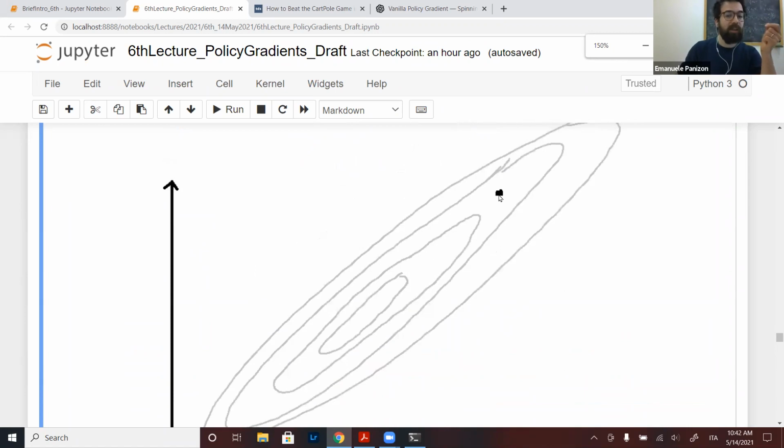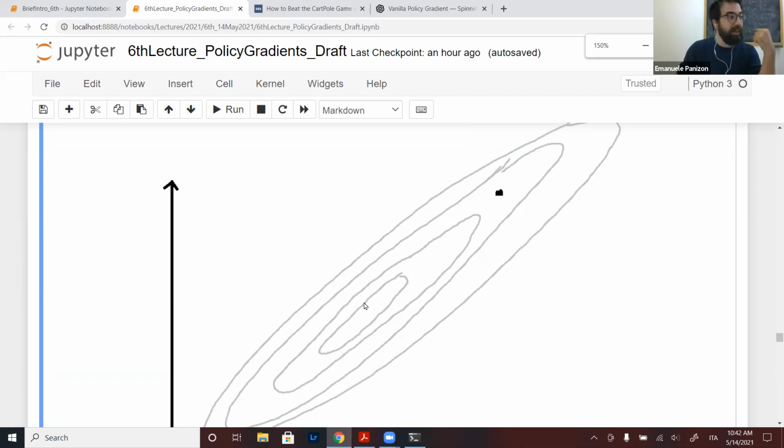Now you can see that you can move in x in two directions, but not all directions are equal. If you move in x in this direction here, the function changes a lot. That direction is both a good direction, in the sense that it changes a lot, but also a dangerous direction, because if the function changes a lot, then nobody tells me that my gradient will stay the same in that direction.